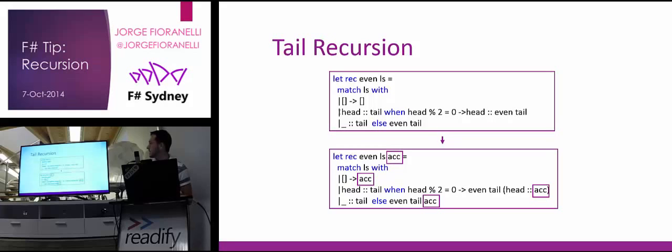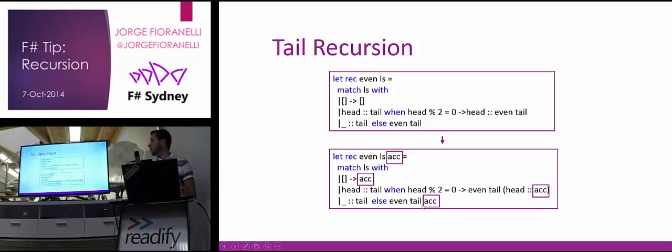When the list is empty, that will be the last step, so we return the accumulator, which at that point is the end result. For all the other cases, instead of having the head before calling the function, we call the function with the tail and we add the head to the accumulator. So now the accumulator is going to grow in every call.